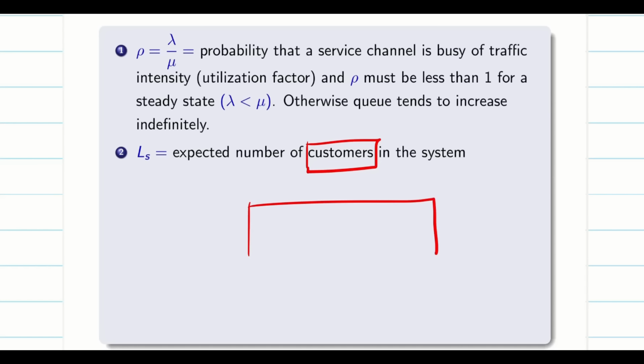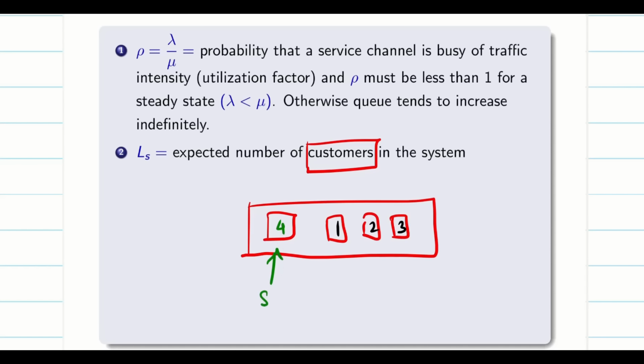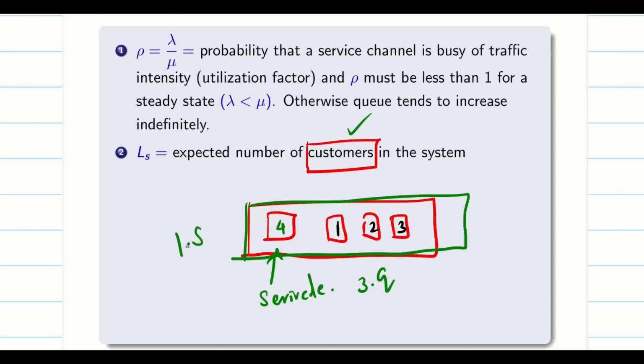In the example, if there is a barber, he has 3 seats. In the 3 seats, 3 persons are sitting, and 1 person is being serviced by the barber. In the system, 3 persons are in the queue and 1 person is getting serviced. So the system is 3 plus 1, which is 4.